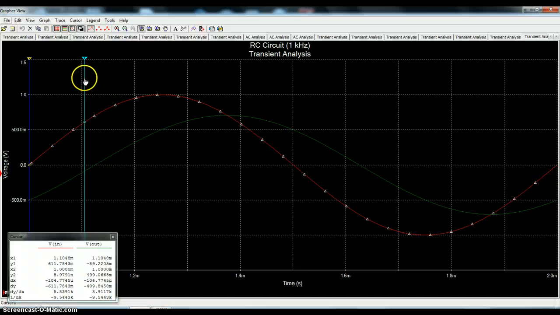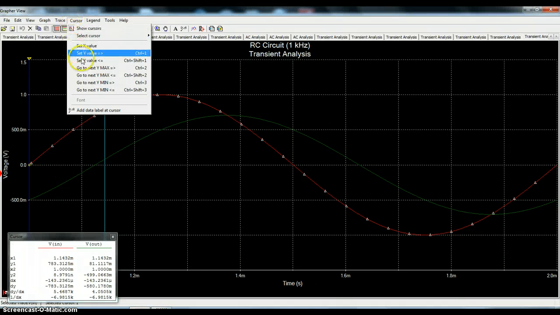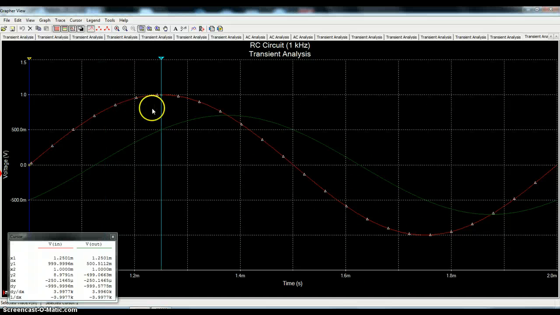So if I want to make a peak value measurement, you can move this along to the peak, but let's let Multisim do that for us. Click up here on cursor, and it says go to next Y max. So I'm going to click on that, and notice what happened.